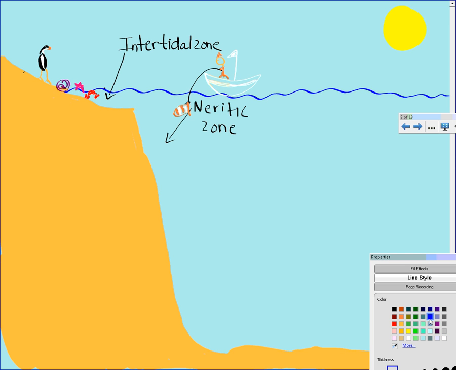Dory's a colorful fish. She would live in that area. We also have Plankton lives in this area because he floats. Sponges live in this area. SpongeBob lives here. Jellyfish live in this area.